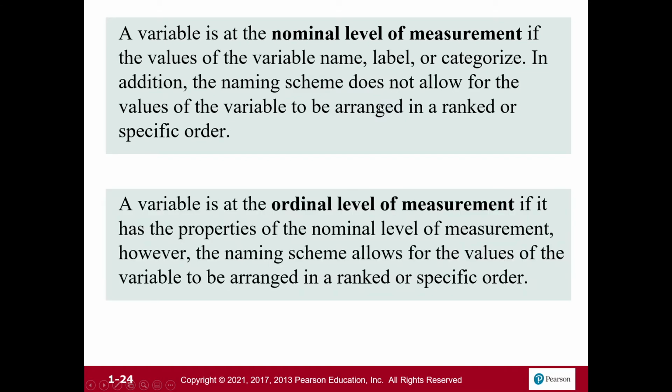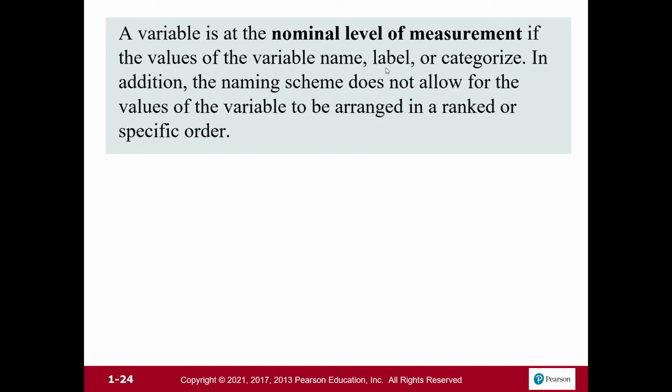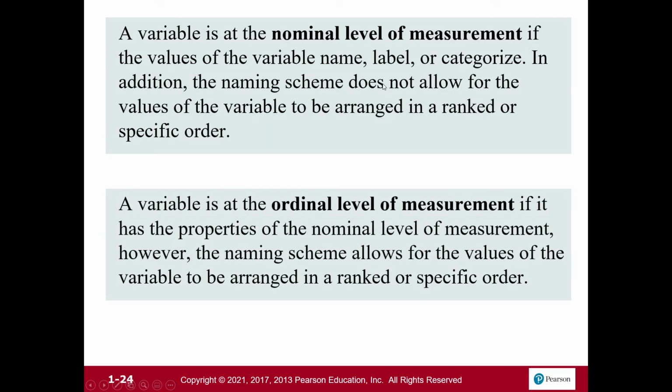Okay, let's look at ordinal. A variable is at the ordinal level of measurement if it has the properties of nominal. However, the naming scheme allows for the values of the variable to be arranged in a ranked or specific order.